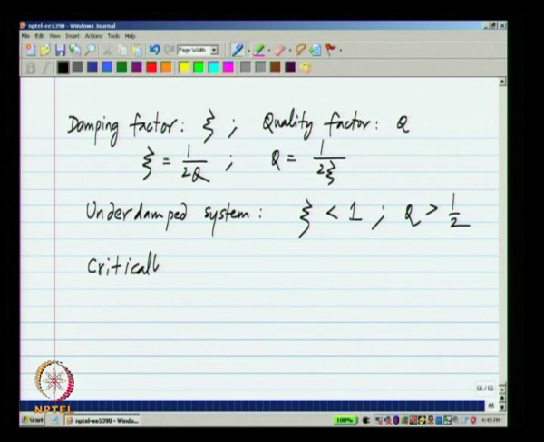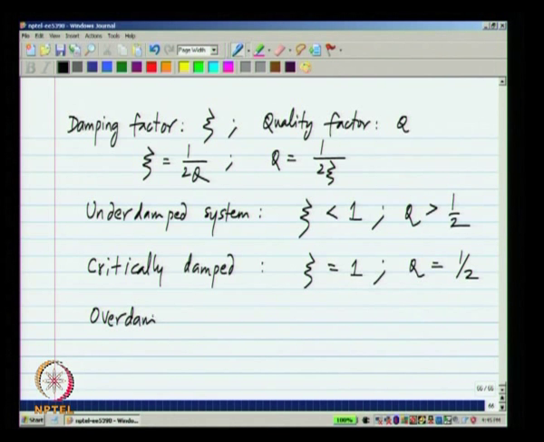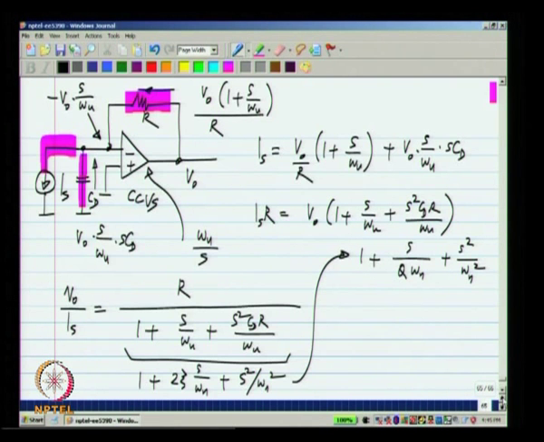A critically damped system will have zeta equals 1 or quality factor equals half, and finally, an over damped system will have zeta greater than 1 or a quality factor less than half. So, you can use whichever you are comfortable with. In this case, I will use zeta.